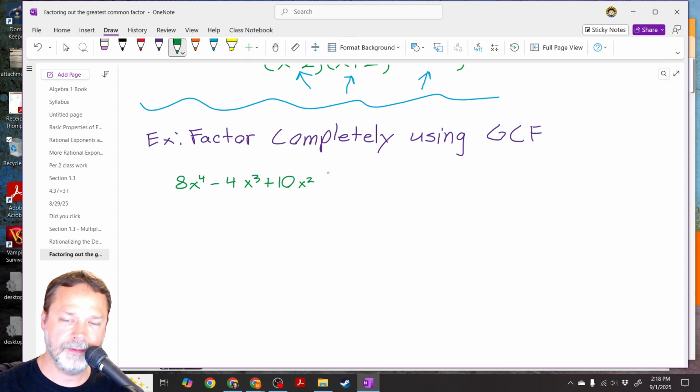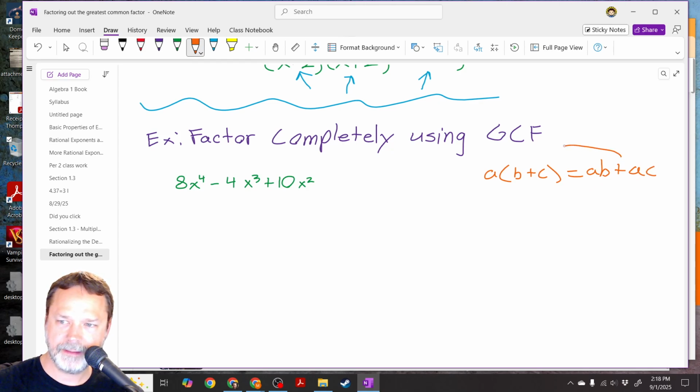And if I'm doing this, again, we're going to be using our distributive property, this kind of guy. But we're going backwards. A times (B plus C) is the same as AB plus AC. We're going from the right side back to the left. This is what we're looking for.